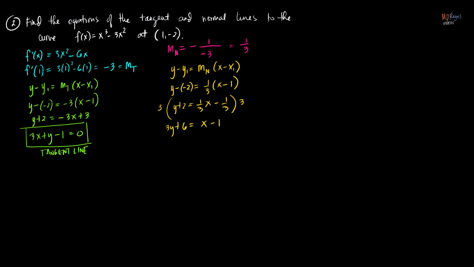Then transpose 3y plus 6 to the right so that x will still be positive, and we'll get x minus 3y. Transposing 6 to the right, we'll have negative 6. So combining it with negative 1, we'll have negative 7 equals 0. Okay, this is the general form of the equation of the normal line.